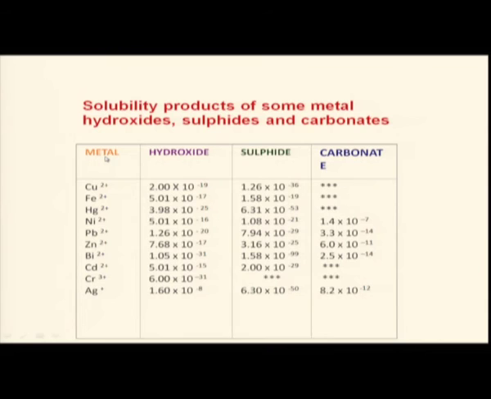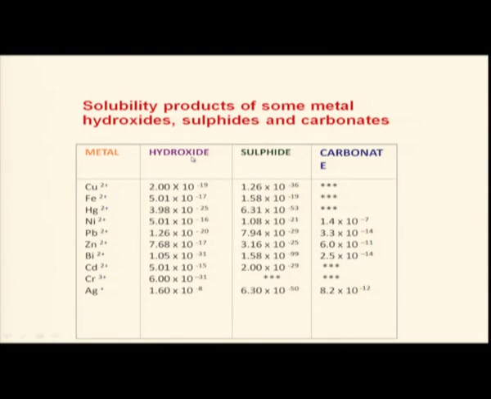And this slide shows you the various heavy metals normally present in industries like electroplating or mining, all this. Ultimately, before discharge, the effluent containing these toxic heavy metals should be treated, and the metals removed as the corresponding metal hydroxide or sulfide or carbonate.